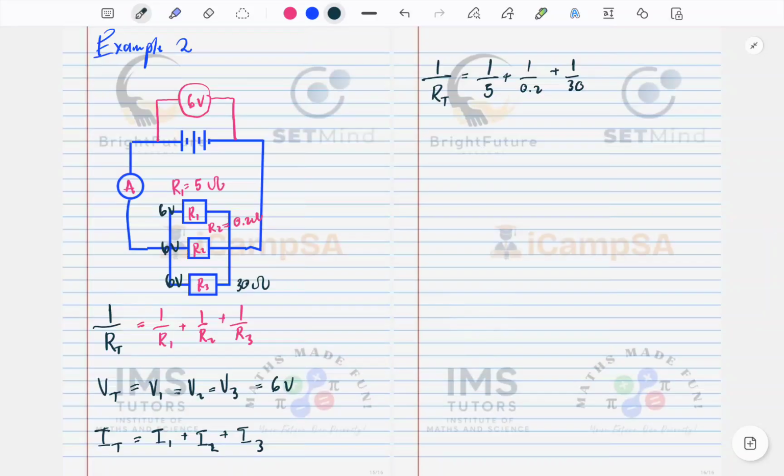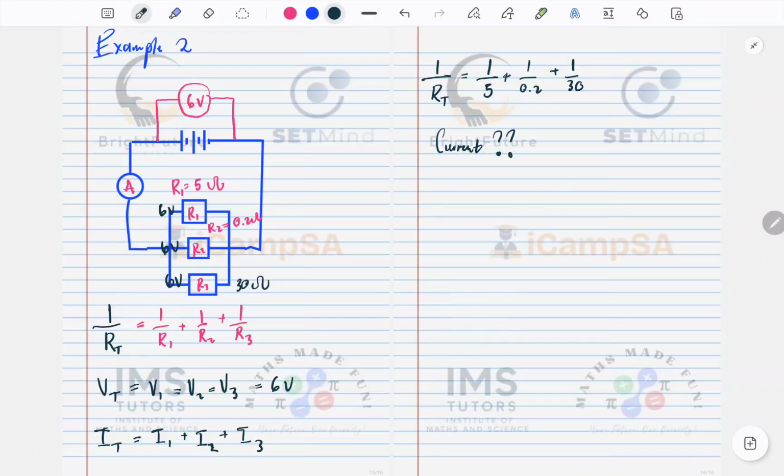Okay, but now what I'm interested in is IT. What is IT, or I1, or I? So I'm interested now in the current in this circuit here.